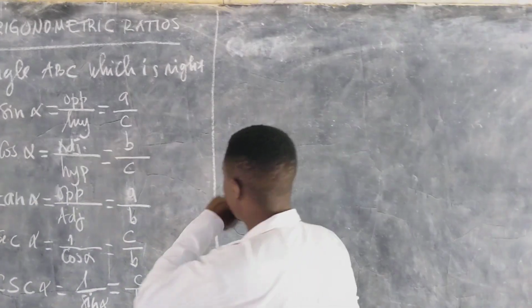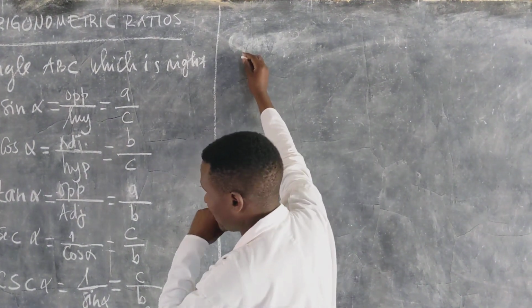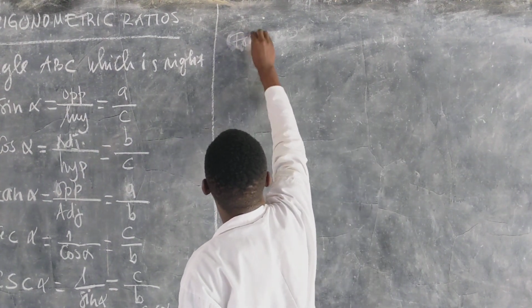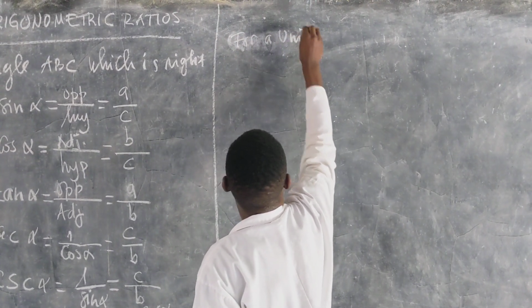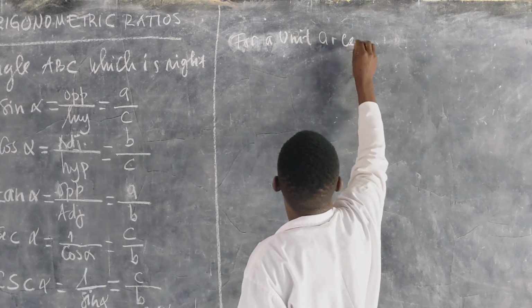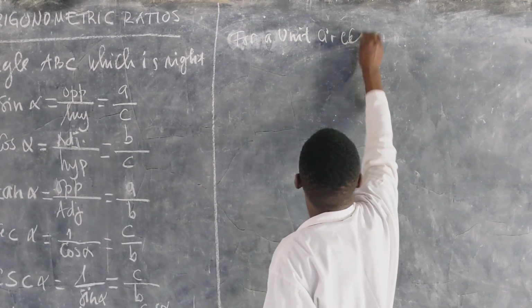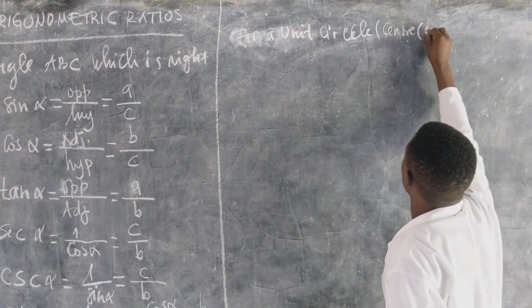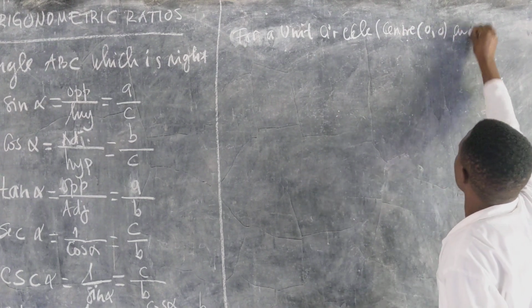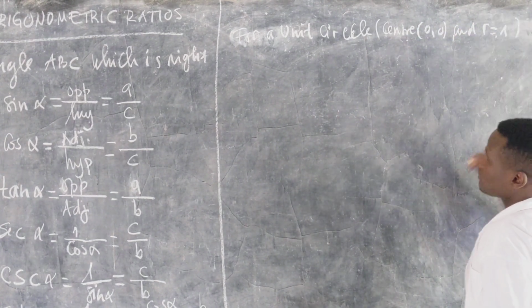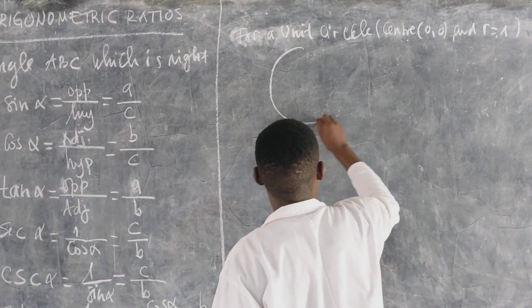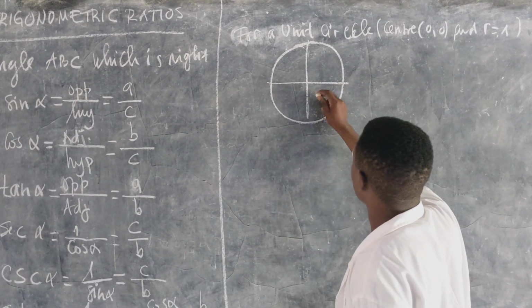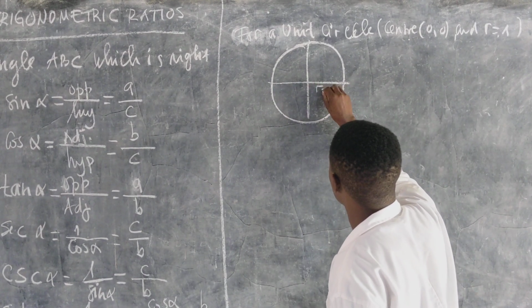The fundamental formula of trigonometry is derived from a unit circle. A unit circle has its center at (0, 0) and the radius is equal to 1.